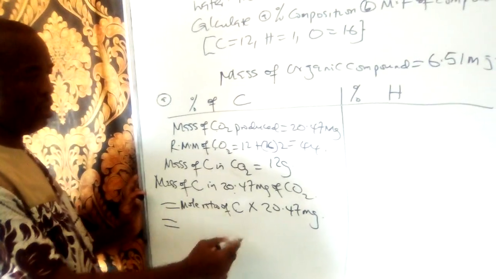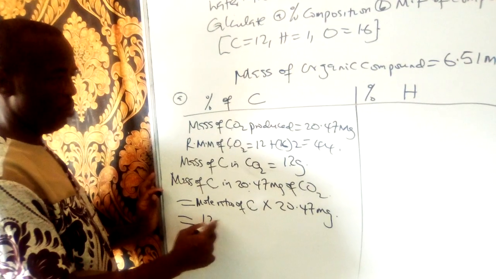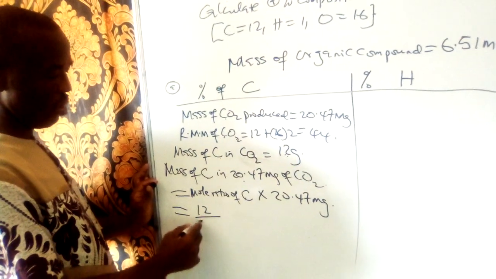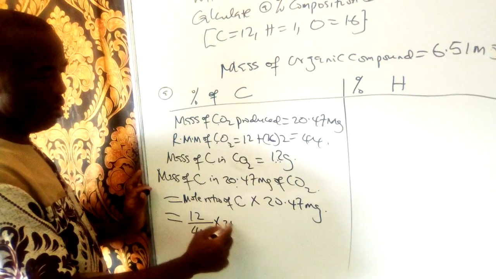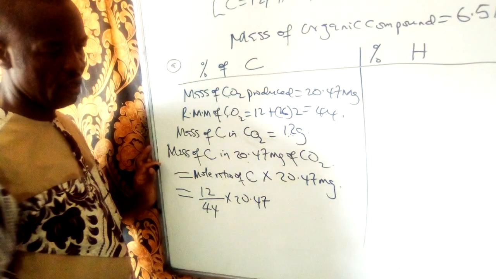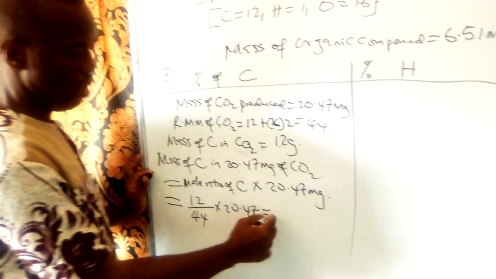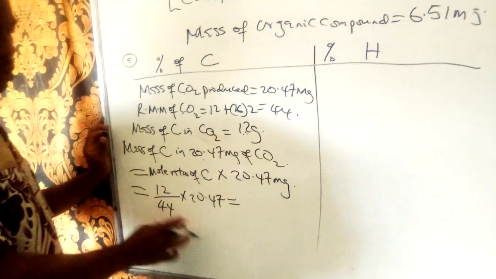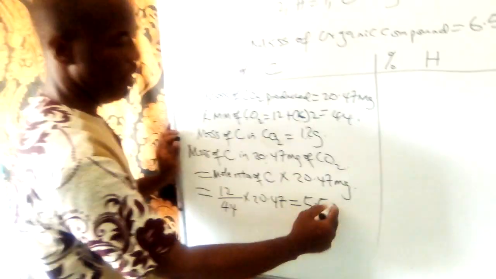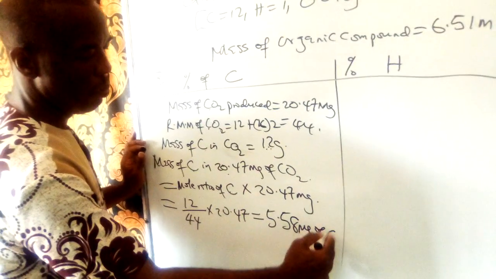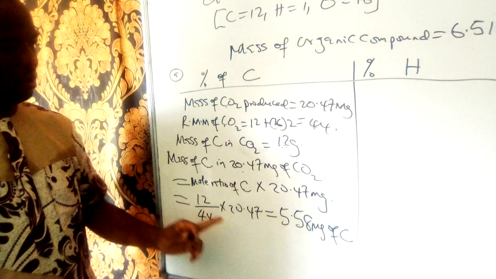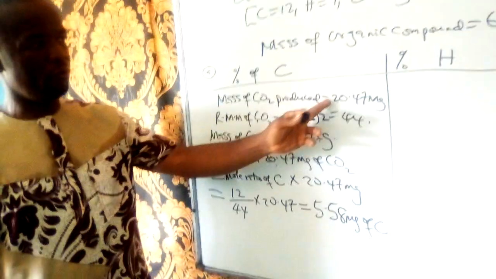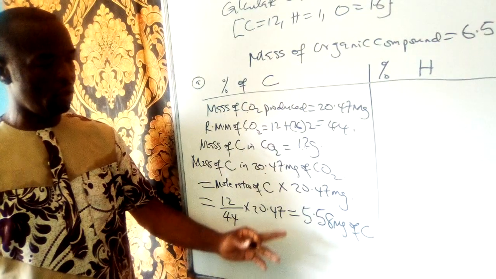It is nothing but the mass of carbon over the relative molecular mass of carbon dioxide. That is 12 over 44 times 20.47 milligram. Having done this, we obtain 5.58 milligram of carbon present in 20.47 milligram of carbon dioxide.